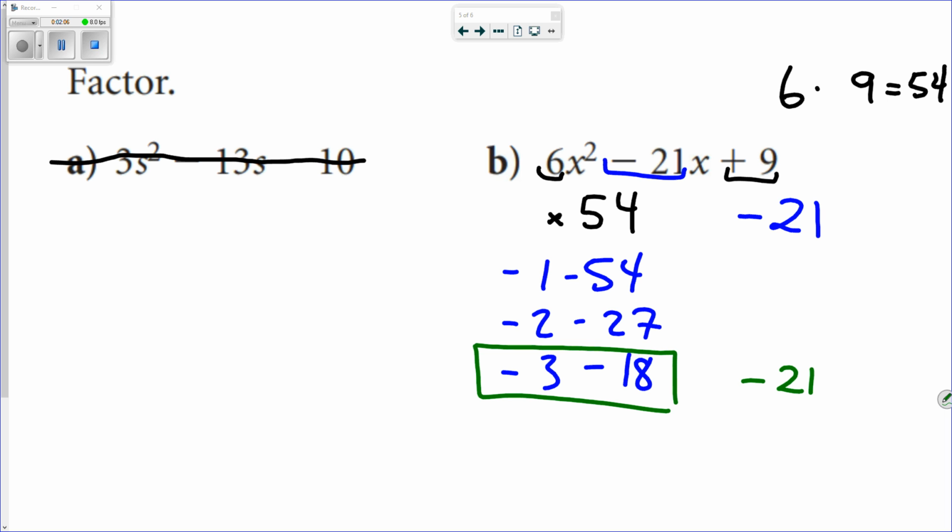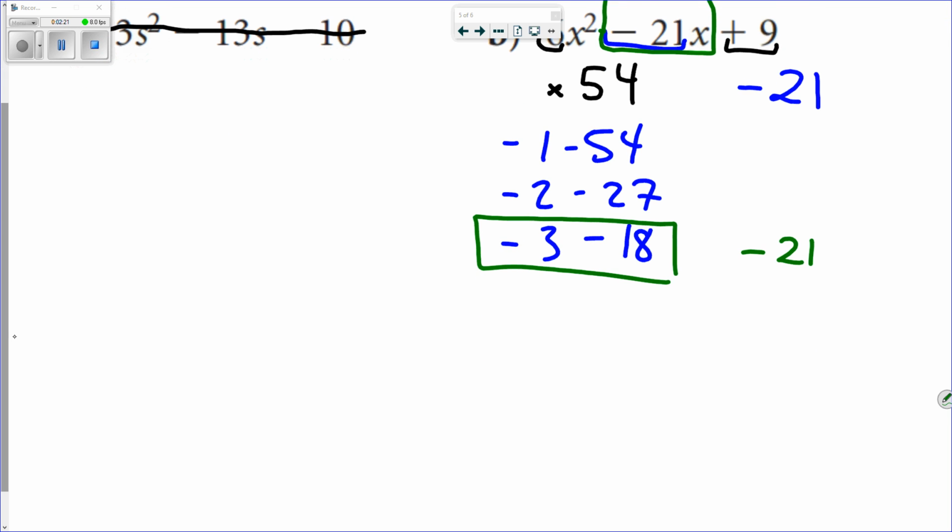So now we're going to use those two numbers, decompose, to split up, to work with this middle term right here. We're going to split up that negative 21x to a negative 3x and a negative 18x.